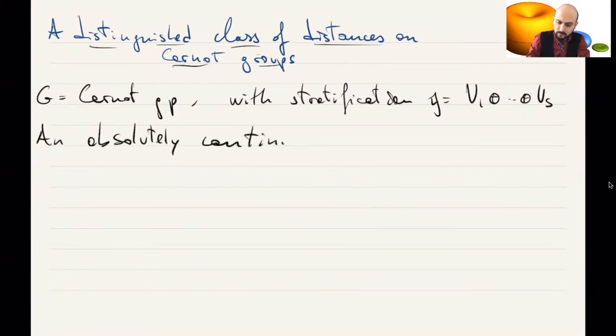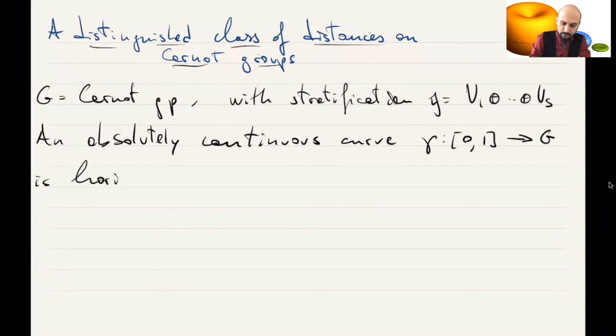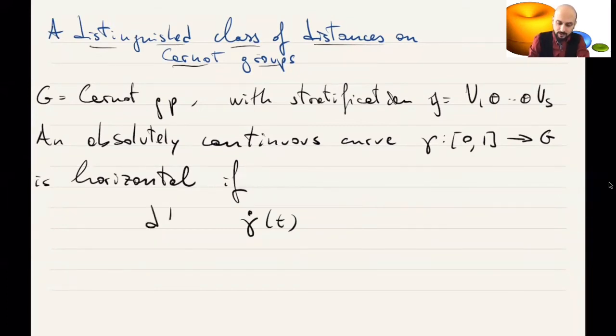Now, an absolutely continuous curve gamma, defined on 0, 1, valued into G, is horizontal if we take the derivative of the curve, which exists almost everywhere. Now this is a vector at the point gamma t. Now we can bring it back via the left translation by gamma t.